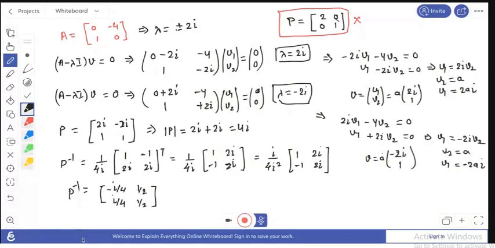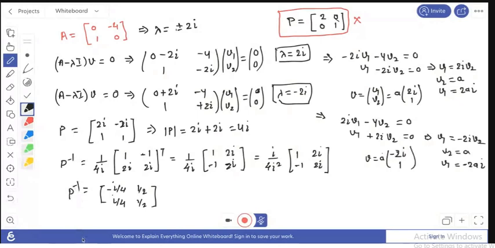Suppose c1 is any arbitrary constant and c2 is another constant. So this becomes a constant c, and we can write this as any constant c square. So finally you get y1 square plus 4 times y2 square equals an arbitrary constant c square.